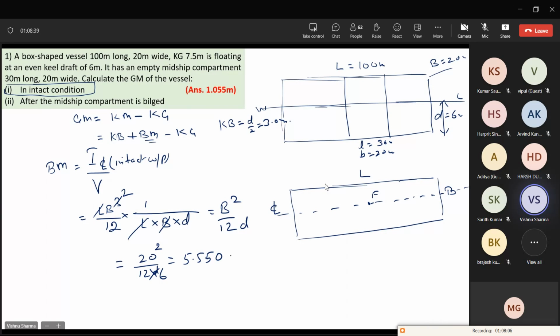Okay, meters. So now we are good to get the GM in the intact condition. KB 3 meters, BM 5.550, minus KG of 7.5, and this gives GM. This is the answer to the first part of the question. I don't think this has any doubt. This you already know. You've mastered it over the last 4 days. Correct, guys?